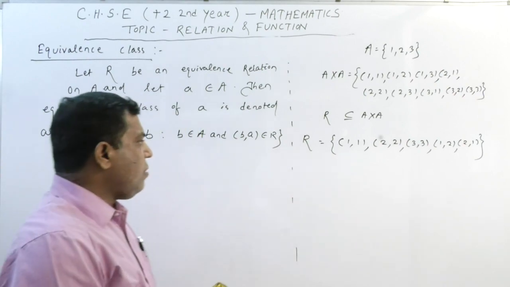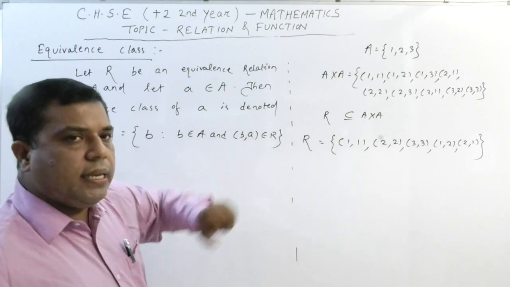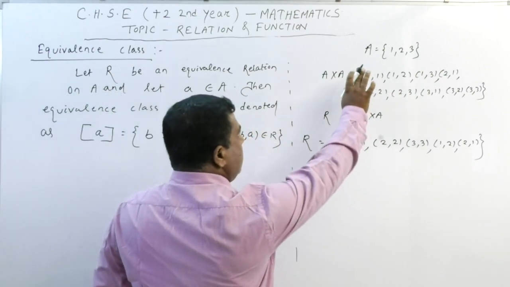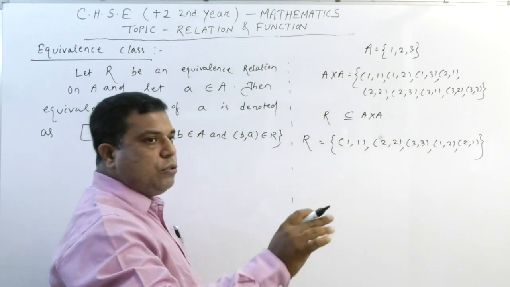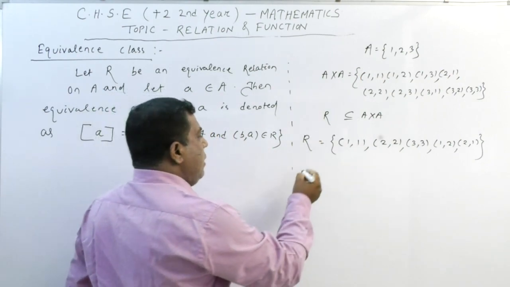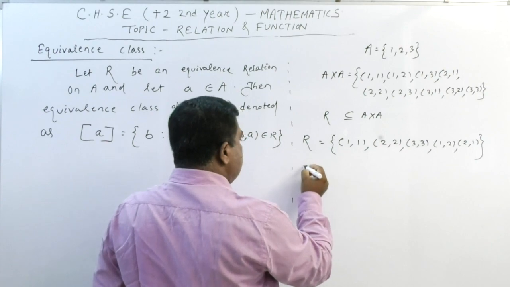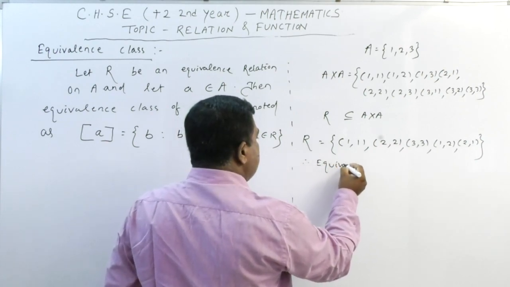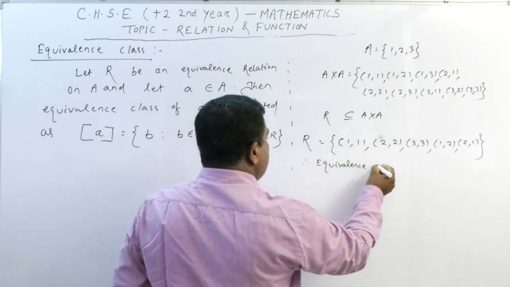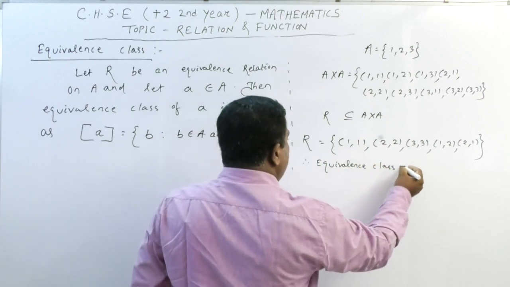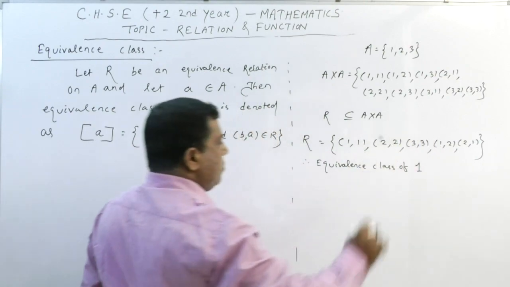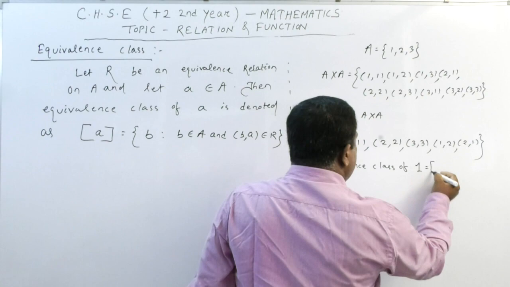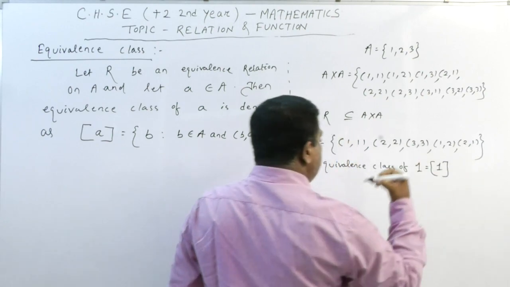Okay, for example, here we are taking a particular example. Now take an element 1. Here set A consists of 3 elements, so take an element 1. Its equivalence class, that means the equivalence class of 1, how is it represented? It is represented in the form of a square bracket.